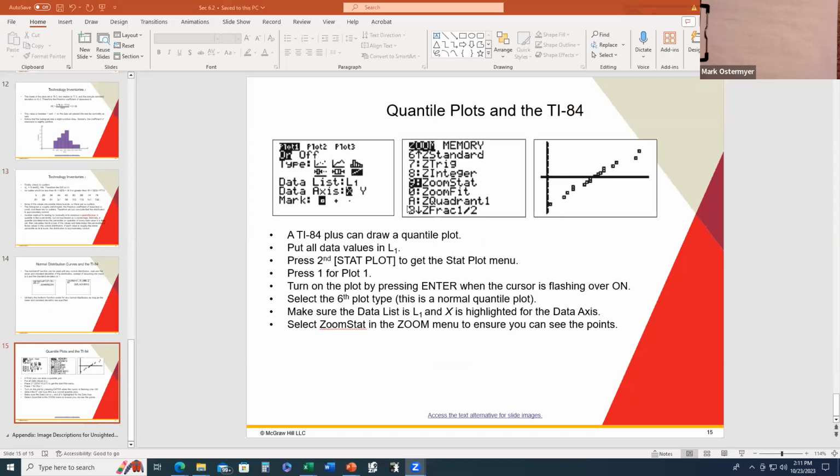Well, how can we construct a quantile plot here? Well, we can on our calculator. You go into your stat plot mode, and notice it's going to be this last icon here, which is a quantile plot.